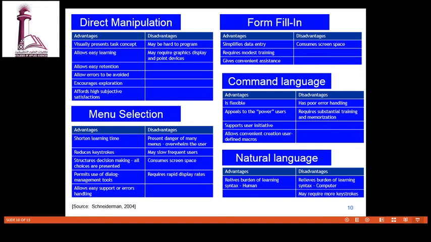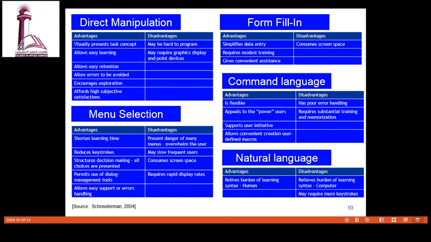So the computer has to learn many things, and it must be capable of interpreting all the natural language phrases used by the human being, and it may require more keystrokes.